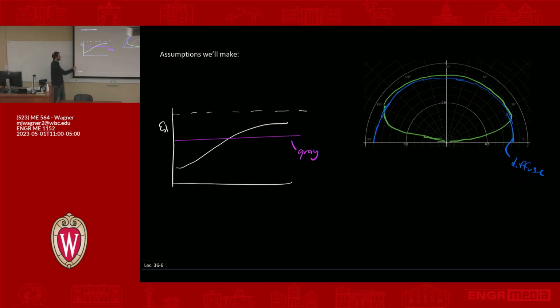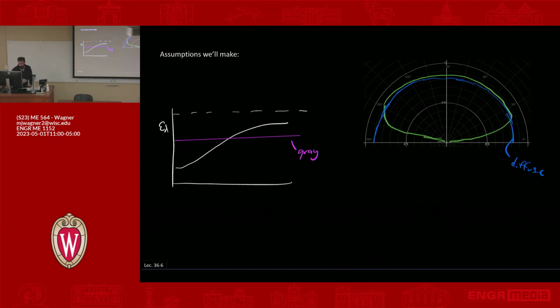If I happen to preferentially not emit in the green range, that means it's reflecting, so it's going to look green to us. If it's flat all the way across, there's no dependence on wavelength, so it visibly appears gray. That's why we call it a gray surface, and it's gray because it's between black and white. Okay, so that's one assumption. This would be called the gray surface.